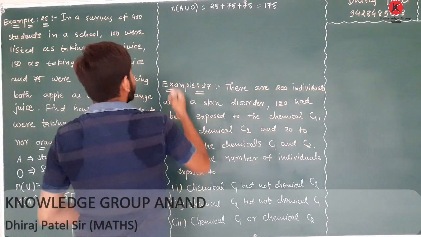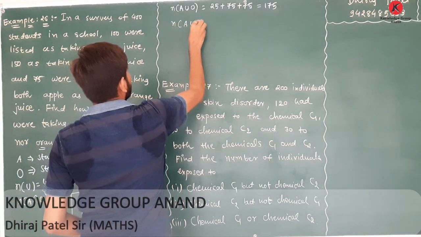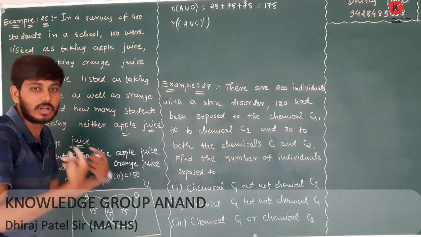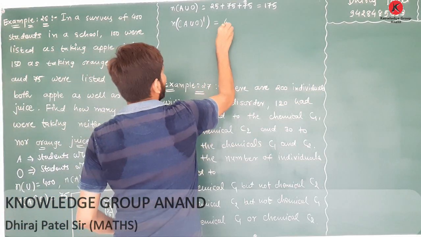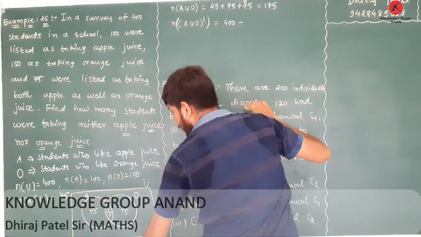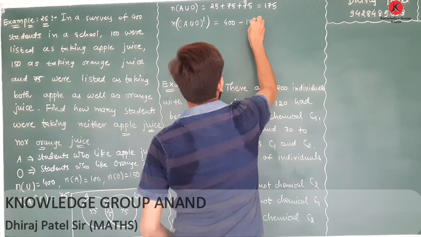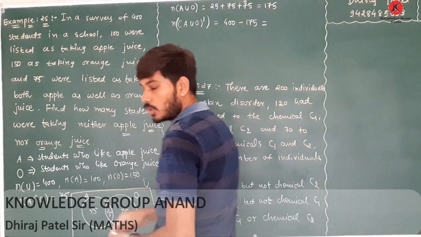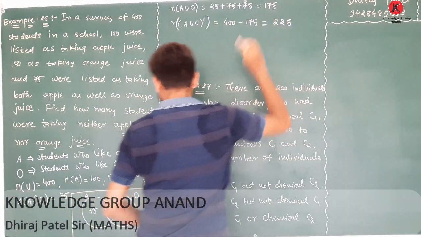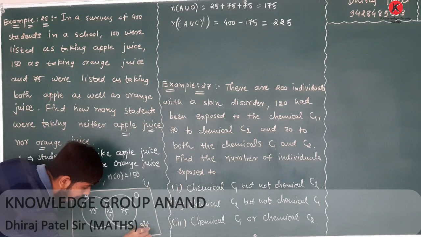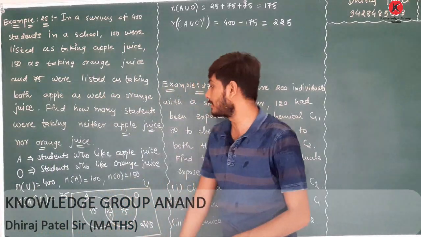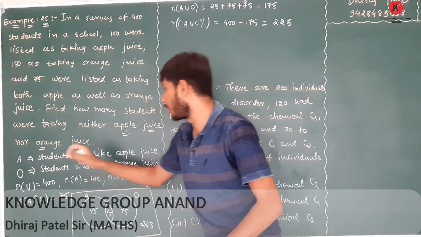The answer is the number of elements in (A union O) complement, which equals 400, total 400 are there, minus 175. Therefore, your answer is 400 minus 175, which equals 225. You have to represent 225 students here who like neither apple juice nor orange juice.